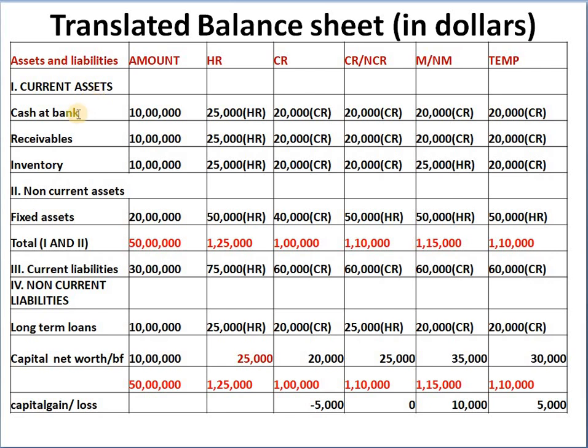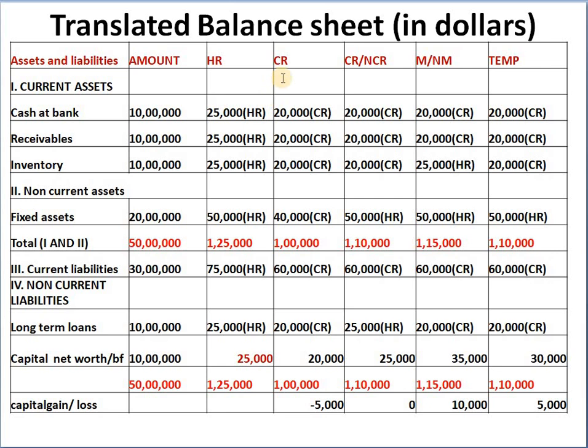Cash at bank, you have amount 10 lakh. Take full 10 lakhs here in the amount column, and under historical rate method, you need to record cash at bank at the historical rate. What is the historical rate? Historical rate is rupees 40. So 10 lakh divided by 40, you are going to get 25,000.